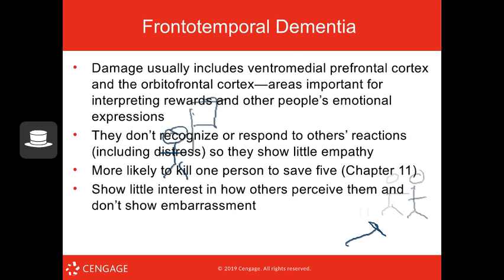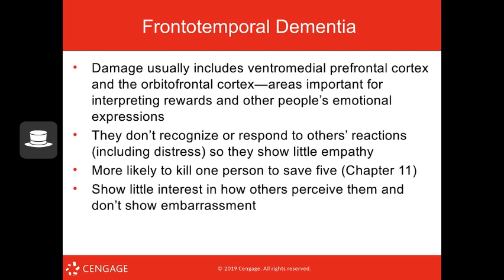So if you hit that train switch, the train's going to go hit those five people, but now it's only going to hit that one person. A lot of us might struggle with this, right? They are more likely to kill the one person to save five because there's no emotional connection. It's just a purely logical decision. They also are going to show little interest in how others perceive them and are less likely to show embarrassment.